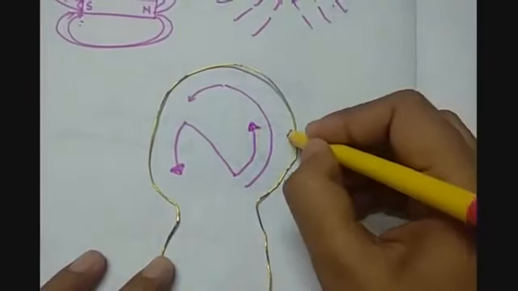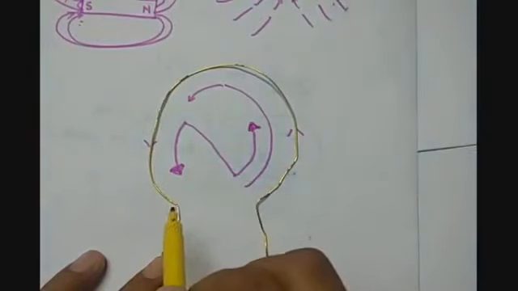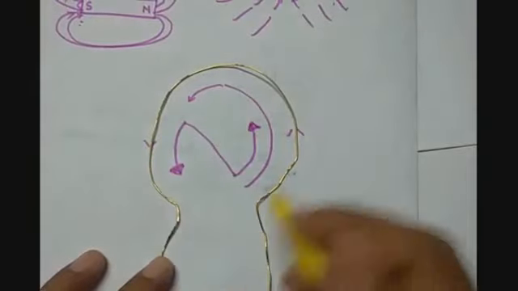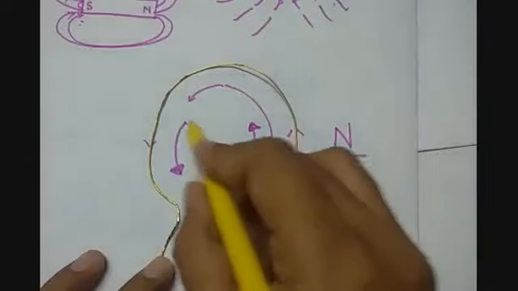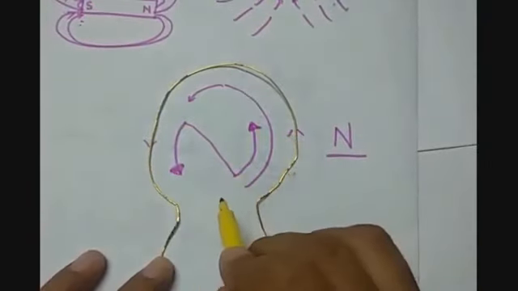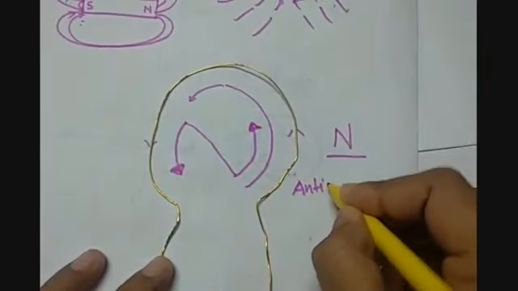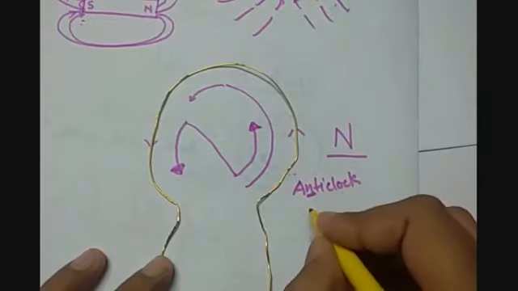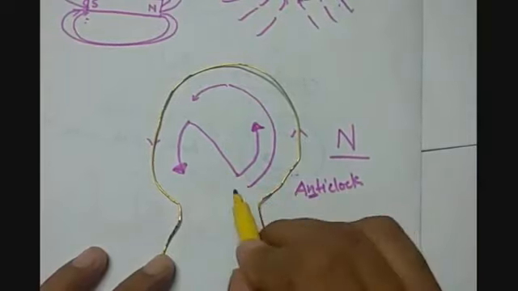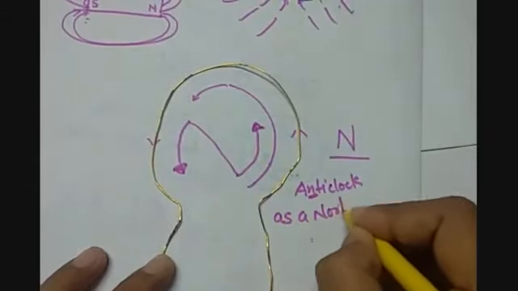So when the current is flowing in anti-clockwise direction in a circular loop, that face of the circular loop will behave as the north pole of the magnet, as this letter will help you to remember this. Or one more thing is that the current is anti-clockwise, so N is there in anti-clockwise, so you can remember that this face of the circular loop is acting as a north pole of the bar magnet.